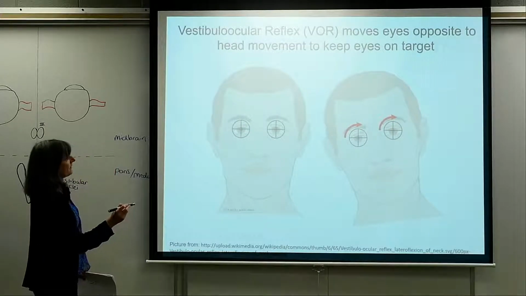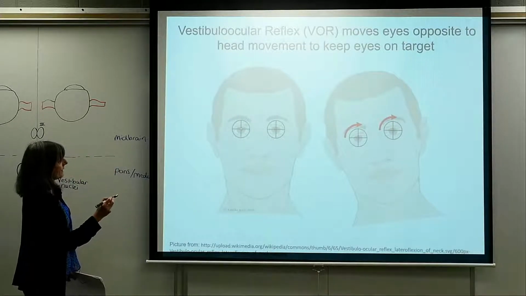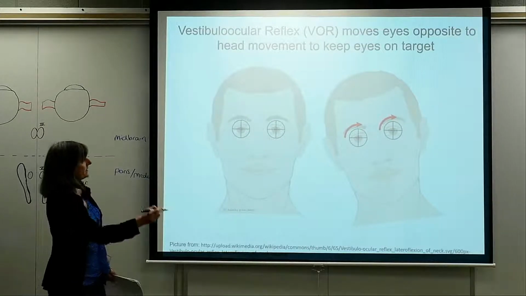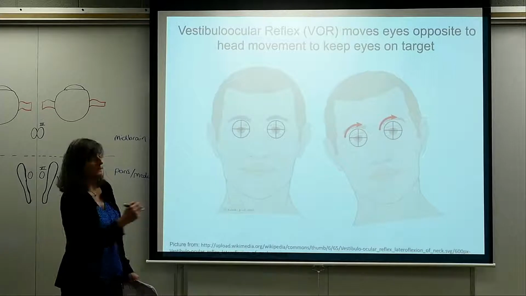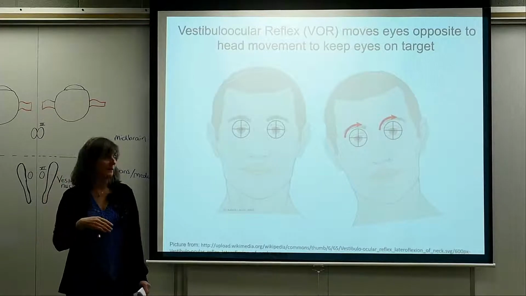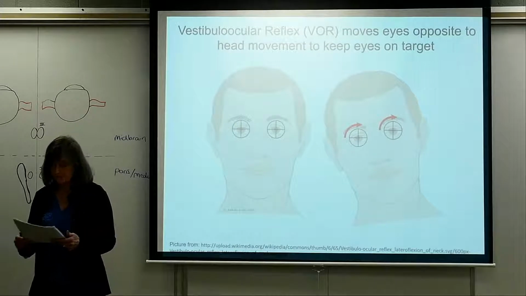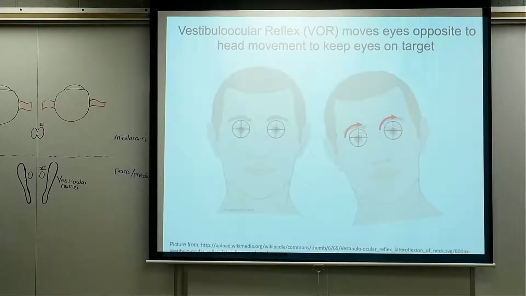And this is showing it for a tilt to the head. So here we have our eyes pointing forward and the head is straight up and down. If he tilts his head to the right, the eyes automatically tilt to the left to keep the eyes on that visual target. So we are going to talk about that.